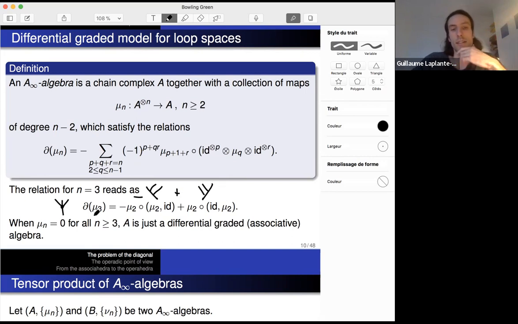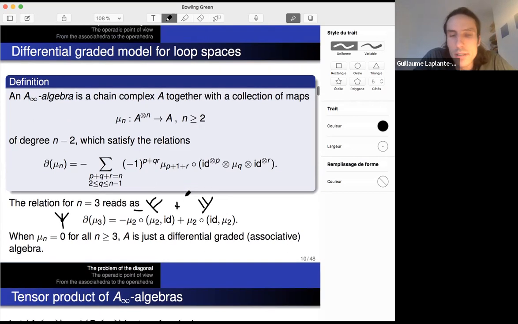It says that associativity holds only up to one homotopy, and then the higher mu n's encode higher homotopies between homotopies. It's exactly the same picture as we had for loop spaces. And of course, when you declare all mu n's to be 0 for n greater than or equal to 3, then you just recover the ordinary notion of an associative algebra.